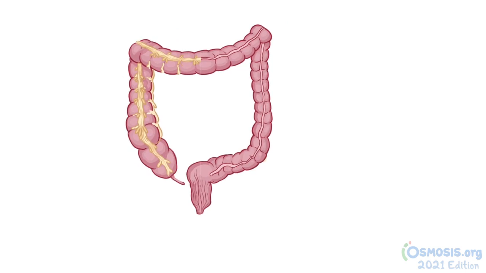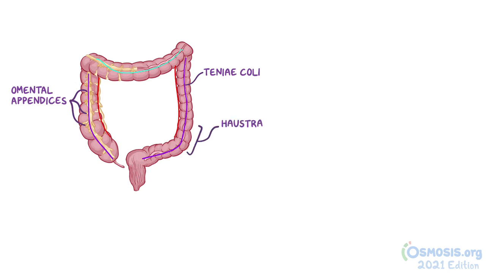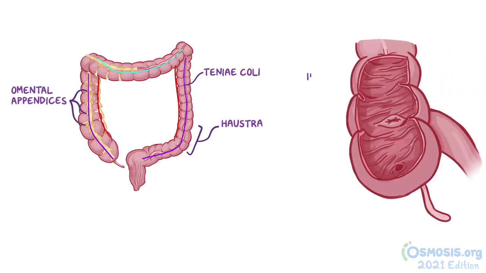On the outside, the large intestine has omental appendices, taenia coli, and haustra that differentiate it from the small intestine, as well as semilunar folds on the inside. The cecum has an ileal orifice and ileal papilla at the ileocolic junction and an opening for the base of the appendix.